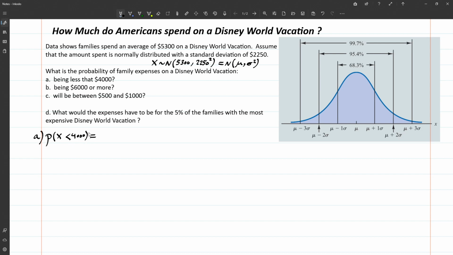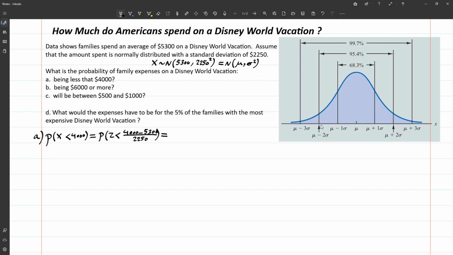If we use the standard normal random variable, it means the probability that Z is less than 4,000 minus the mu of 5,300, divided by the standard deviation 2250. The best way is to show you on this graph of the PDF, the probability density function, for the standard normal random variable.